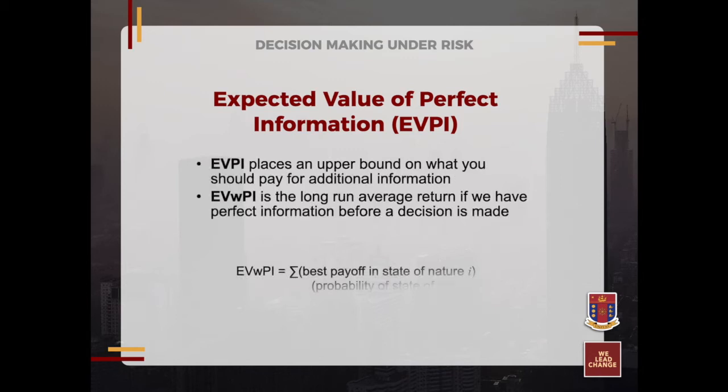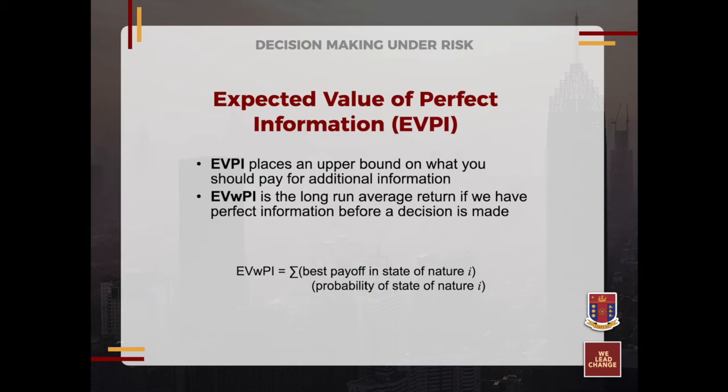Now, EVPI places an upper bound on what you should pay for additional information, like what I have mentioned, while expected value with perfect information is the long-run average return if we have perfect information before a decision is made.